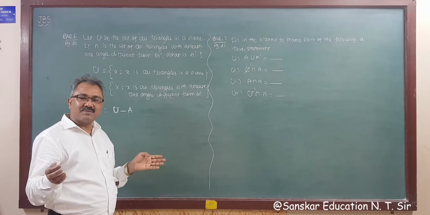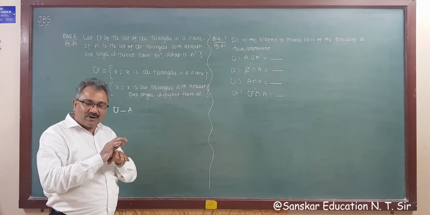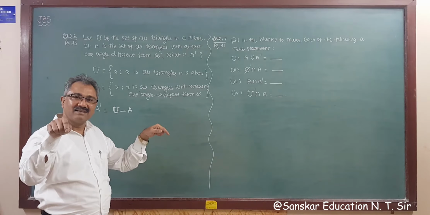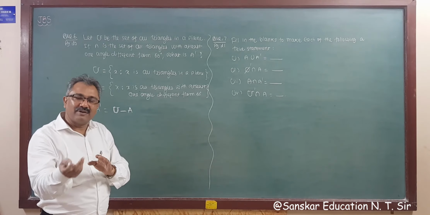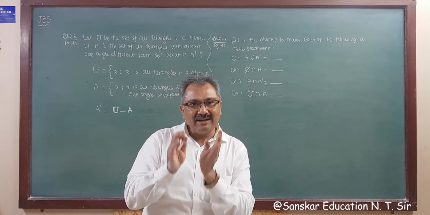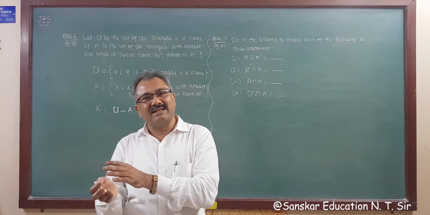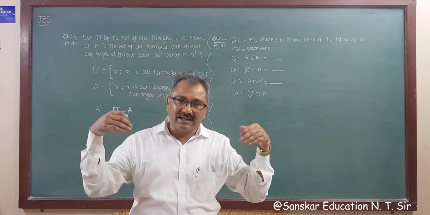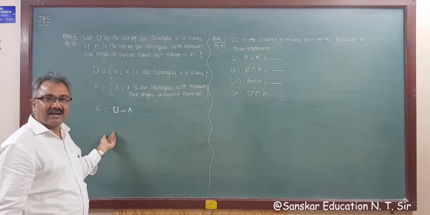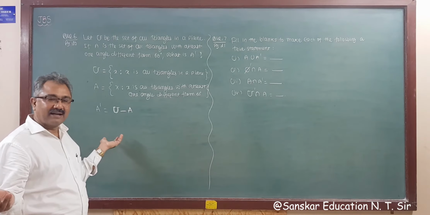One angle different from 60. That is, A is not an equilateral triangle. That means A' is from all triangles we have to subtract all triangles with one angle different from 60. That is A'. A' is the set of all triangles that are equilateral triangles, right?